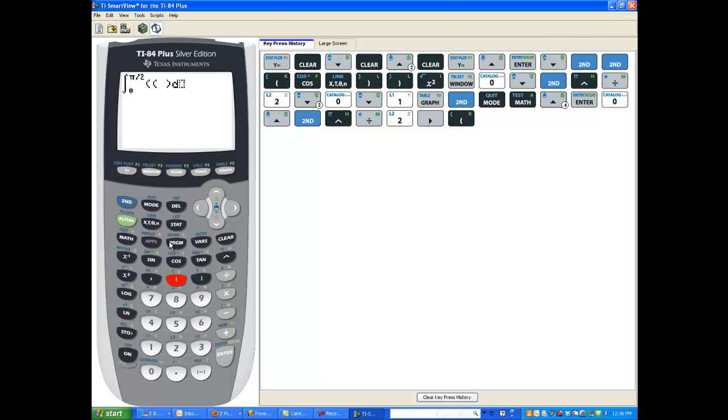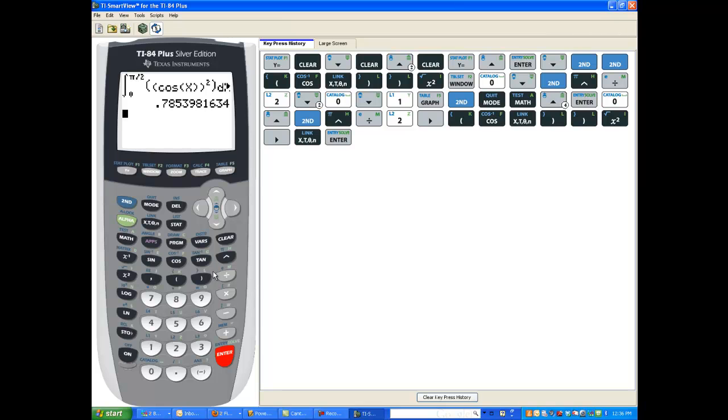So I'm going to go open parenthesis, cos x in parentheses, end parenthesis, and then end parenthesis again and square that. So it is a little bit cumbersome, I'm not going to lie to you. And then I'm going to get dx, so I tell it that all my variables match up. Remember how that works? And I get 0.7853.